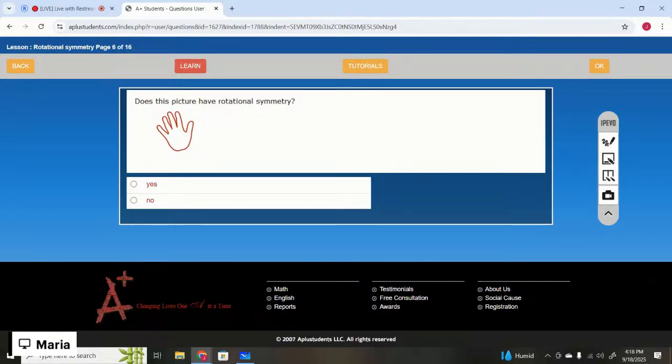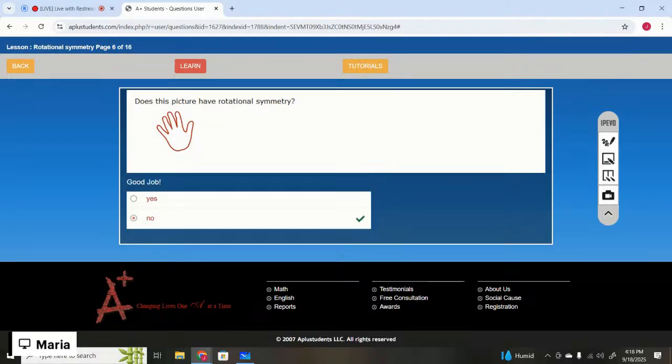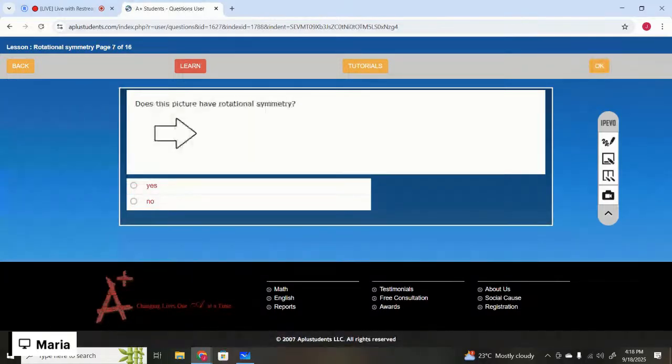Does this picture have rotational symmetry? No, the correct option is no. Does this picture have rotational symmetry? No, option number two is the correct option. The picture does not have rotational symmetry.